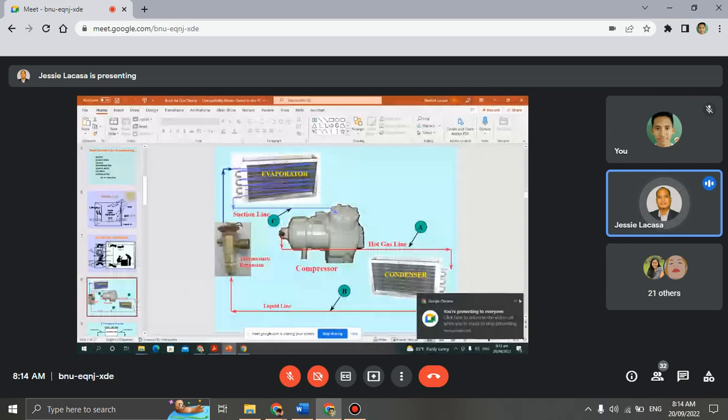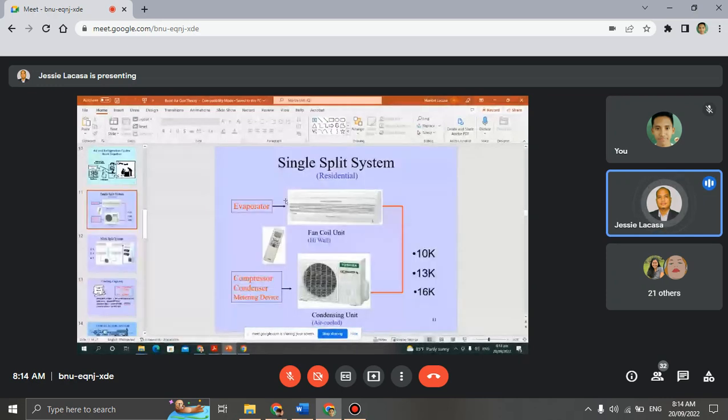So same ra gyapon to siya. So single split type, another unit. For example, for air conditioning is single split type. So when we say single split type, nakaseparate ang iyang condenser sa iyang evaporator. So the medium nga gigamit nato diri para mo supply niya is refrigerant from the condenser. So kare siya install ni siya sa gawas.